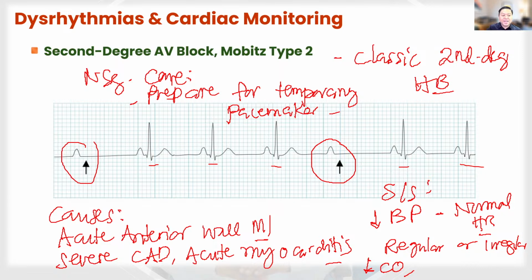Okay, so again, we are going to prepare ourselves for the placement of a temporary pacemaker, or what we call the transcutaneous or external pacemaker. This is an external pacer, and it is going to be used in an emergency, okay? So the nurse should be prepared when this second-degree or Mobitz type 2 occurs in this patient.